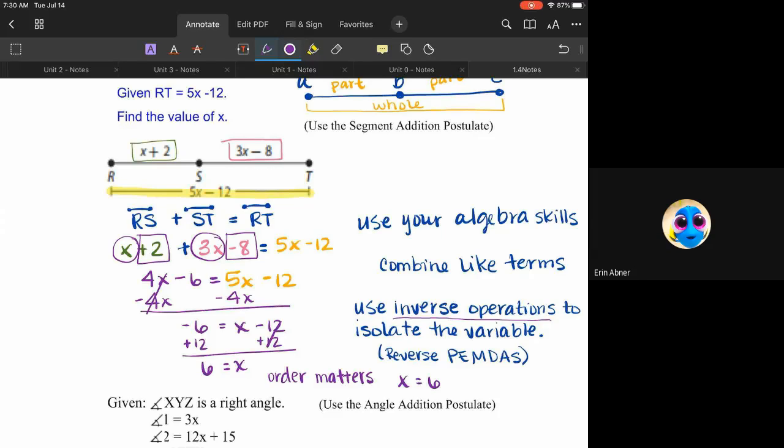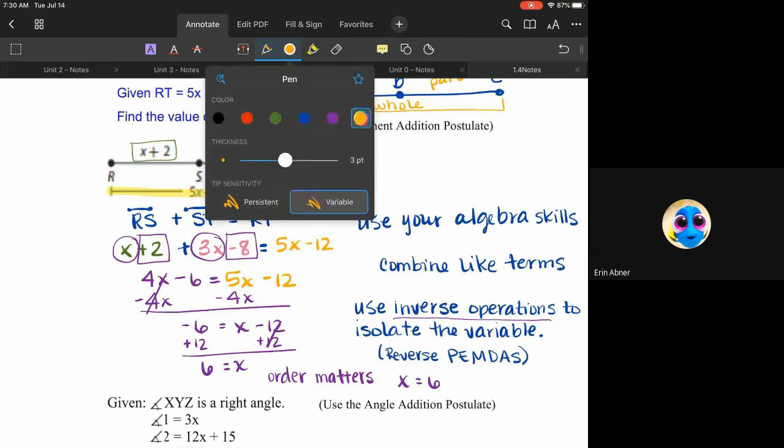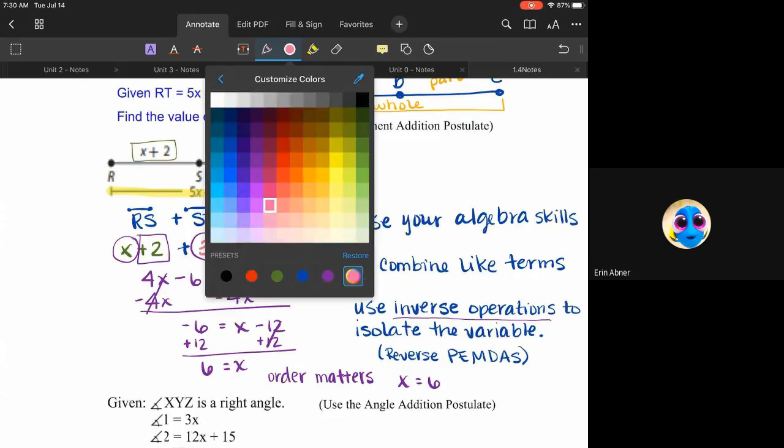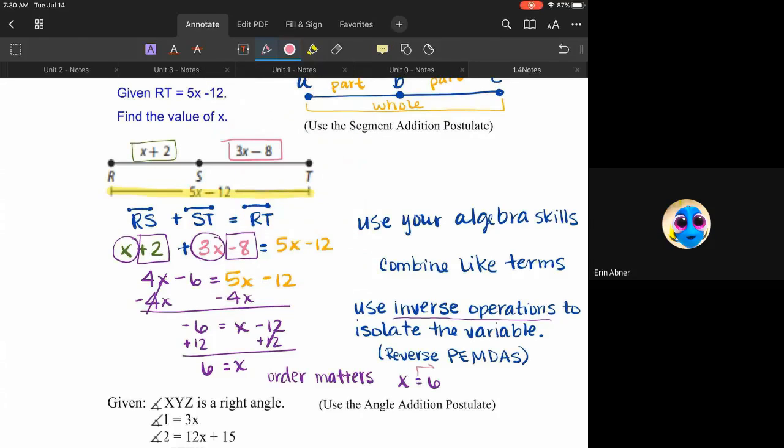So how we know that is that you read this as x is 6. And if you see the equal sign as the word is, then 6 is not x. You can't say 6 is x because it's not a 6. Okay? So now we're done with this one. Pretty easy. We used our algebra, we used our geometry, we are good to go.